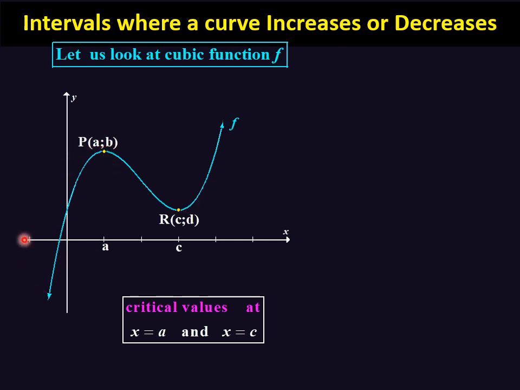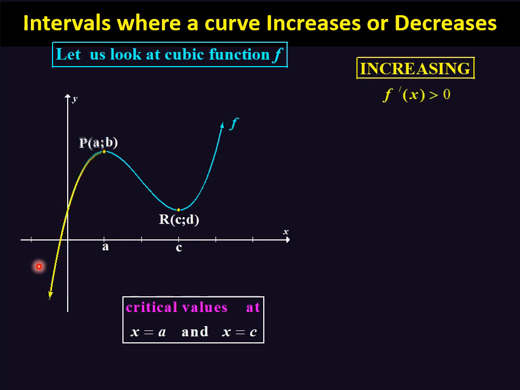So it increases from this side up to the A, then it decreases again up to the C, and then it increases again. So let's do that. Increasing, where is it increasing? From negative infinity to A. And increasing means the first derivative is greater than 0, or the gradient is greater than 0, or the m value is greater than 0.